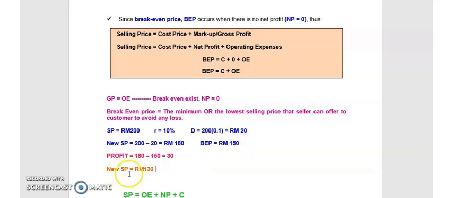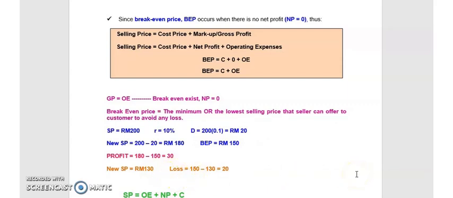So if you sell at 130 ringgit, which is below your break-even price, you will suffer a loss. How much did you lose? 150 minus 130, which is 20 ringgit. That is why we always need to know our break-even price, to avoid a loss.